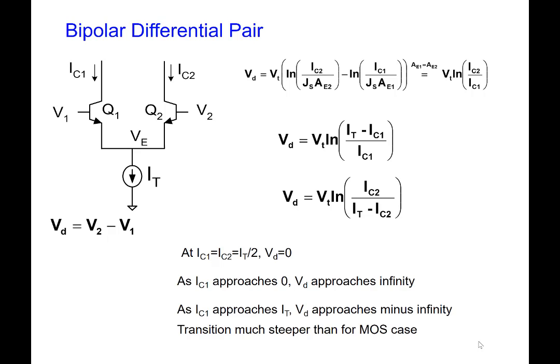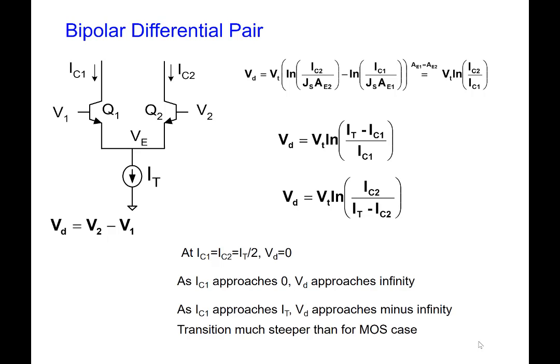But I don't really want the differential voltage, I want the currents, IC1 and IC2. So I have the ability to solve this equation for IC1 and solve this equation for IC2. But for the purpose of determining linearity, we probably don't care whether we have an explicit expression for VD or an explicit expression for IC.